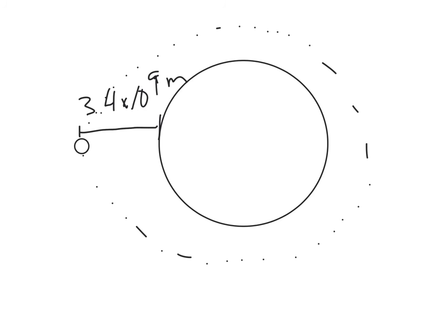And let's say that the mass of my planet is, let's just call it 4 million kilograms. It's a smaller planet. It's probably not Earth. So we've got some moon orbiting around the Earth, and I want to know what its velocity has to be.